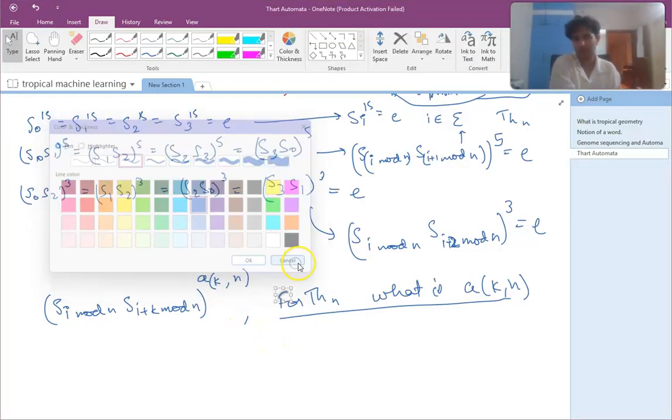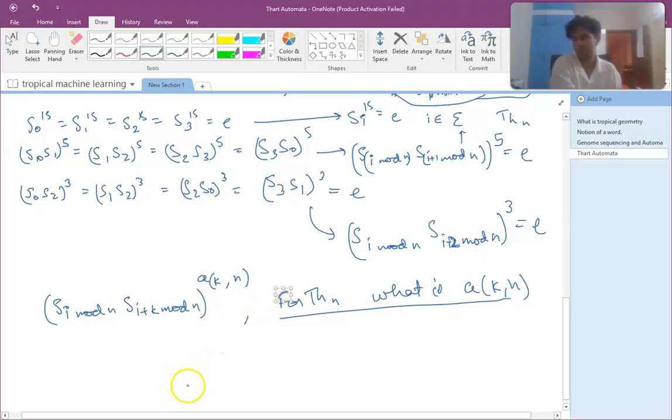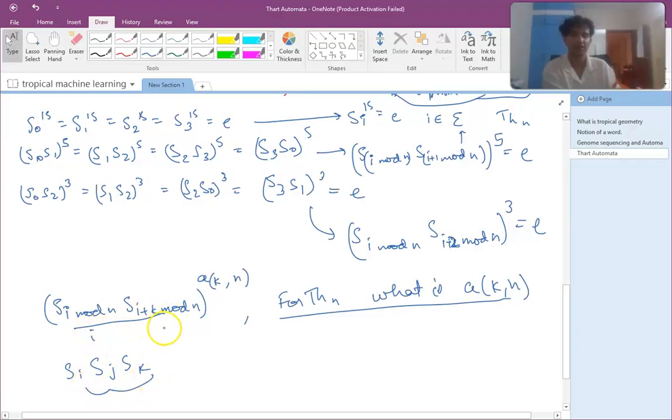And yes, there are more relations. In this case we consider two at a time, right? We took two of these actions at a time. We can even consider Si, Sj, Sk for whatever relation is between them. Over here, if we had i and j, then we had the relation that i minus j is equal to k or something, in some sense, right?